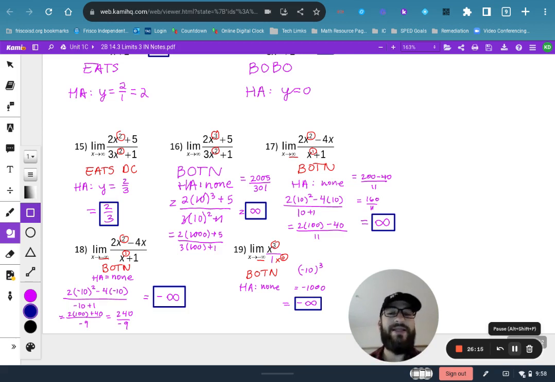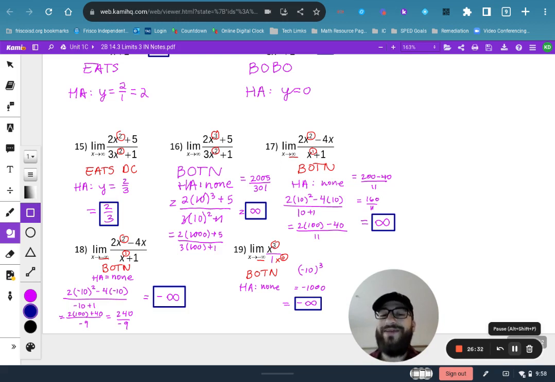All right, 18, x is approaching negative infinity of 2x squared minus 4x over x plus 1. So same thing, it's a bottom one, x squared over x. So no horizontal asymptote. So I'm going to plug in positive or negative 10 to find out which infinity. Because I'm going towards negative infinity, I plug in negative 10. Simplifying this one out, we get 240 divided by negative 9, which is a big negative number.